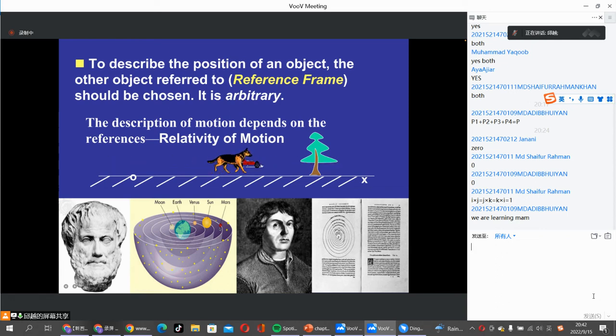How will you describe the motion of the dog if you choose the car as the frame of reference?